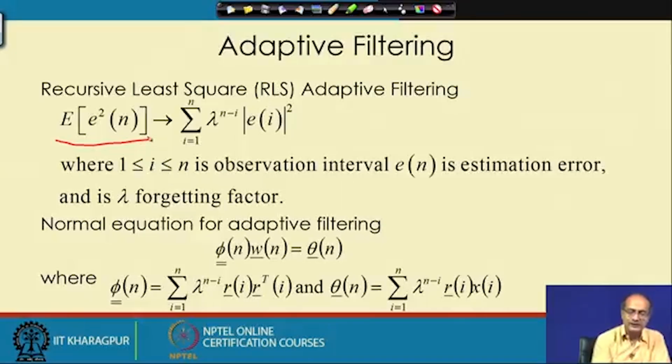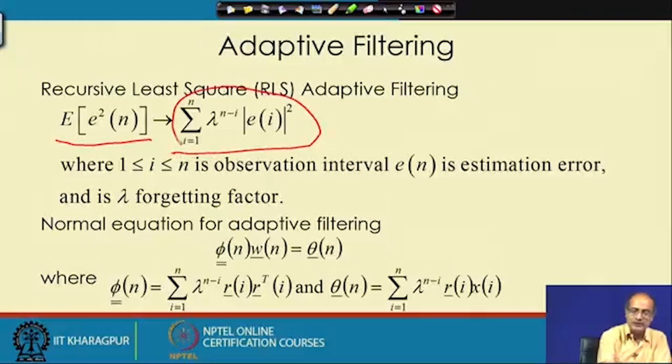So, in this case, instead of entirely dropping the expected operator, which gives rise to what we called noise in the output, what we called the weight vector noise, we are actually taking a summation over the time.